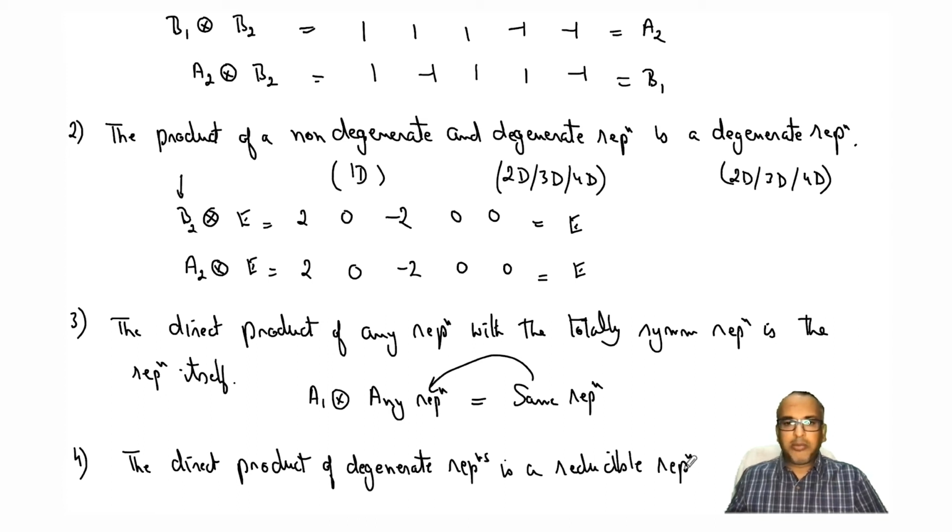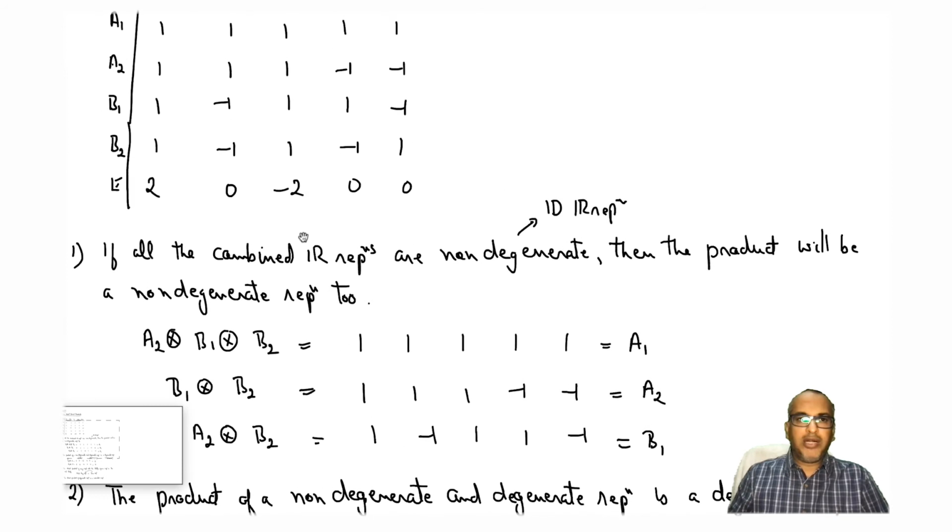So far our direct products were not giving any reducible representation. They were giving either a 1D representation or a degenerate representation, from the character table itself, right? We don't have to reduce that. But if you take a direct product of any two degenerate representations, then this will give rise to a reducible representation. So in this particular case, we have only one degenerate representation.